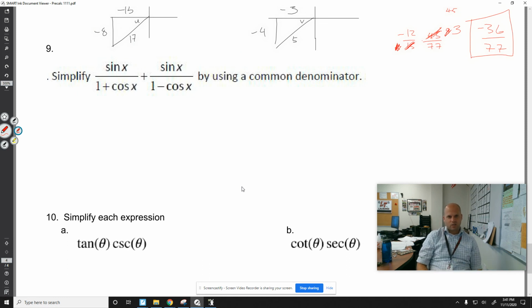Okay, we did this in class as well. Sometimes it's beneficial to multiply by the conjugate. If you ever see a 1 plus something, multiplying by 1 minus, that's not the reason why we're doing it here. We're doing 1 minus cosine x because that's going to give it a common denominator to this guy. I'm going to do 1 plus cos x.